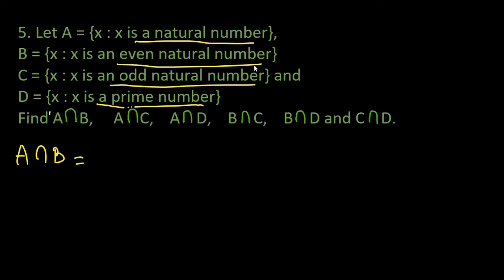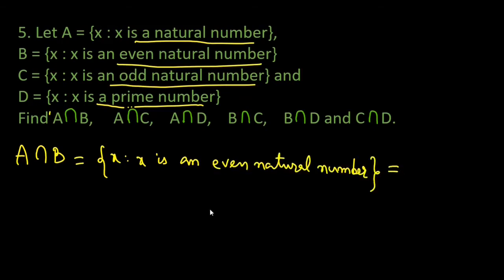So all the even natural numbers are there in A. But the other numbers are not in A. So some numbers, say odd natural numbers that are in A, are not in B. But all the even natural numbers are in both A and B. So the common elements are even natural numbers. X such that X is an even natural number. So A intersection B is B itself.